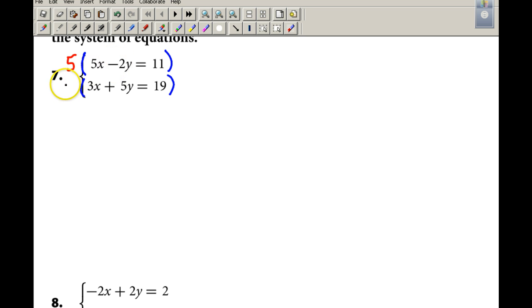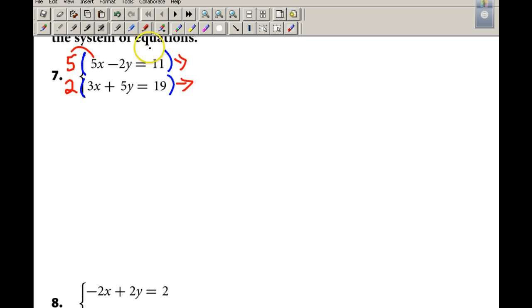And on the bottom, 2 or negative 2? 2. So I already have a negative 10 on top. I need a positive 10 on the bottom. Just like always on these, if there is a mistake, it will be with negatives. So just be careful.